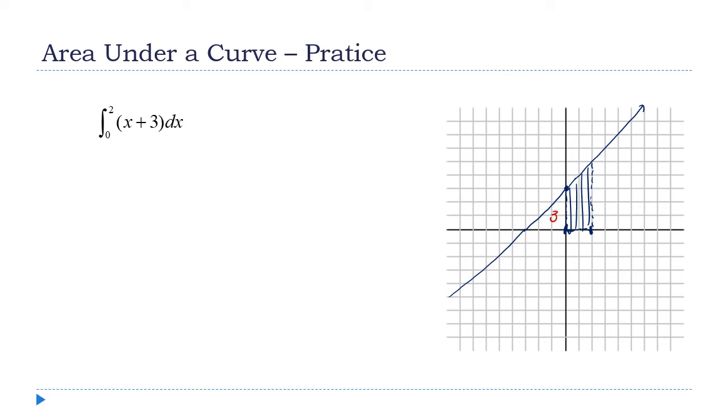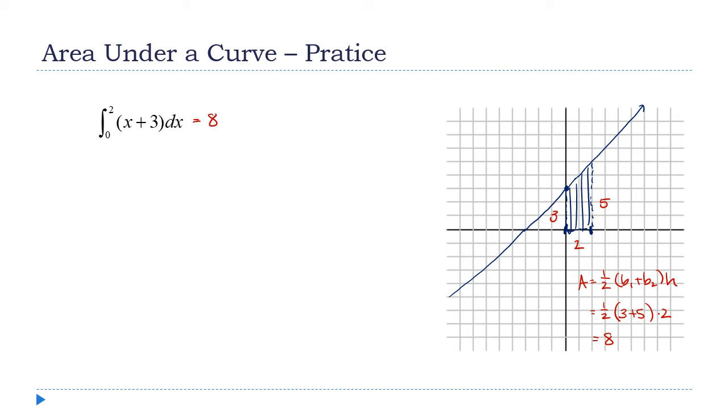The other base is 5 units. And the height here is 2. You remember the formula, the area of a trapezoid is 1/2 the sum of the bases times the height. So this is 1/2 times 3 plus 5 times 2, which is 8. So that's my definite integral.